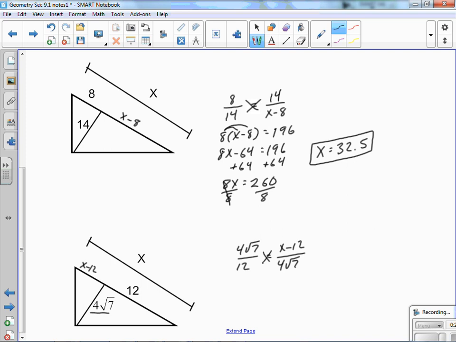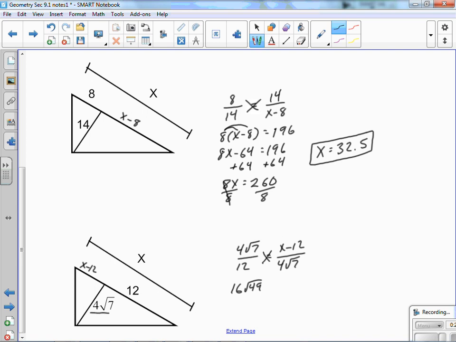And when we multiply terms with radicals in them, things under the radicals can multiply times each other. Things outside the radicals multiply times each other. So 4 times 4 is 16. And square root of 7, square root of 7. If you know how to do these, you know that that just cancels out the radical. But if you didn't recognize that, then 7 times 7 is 49, right?